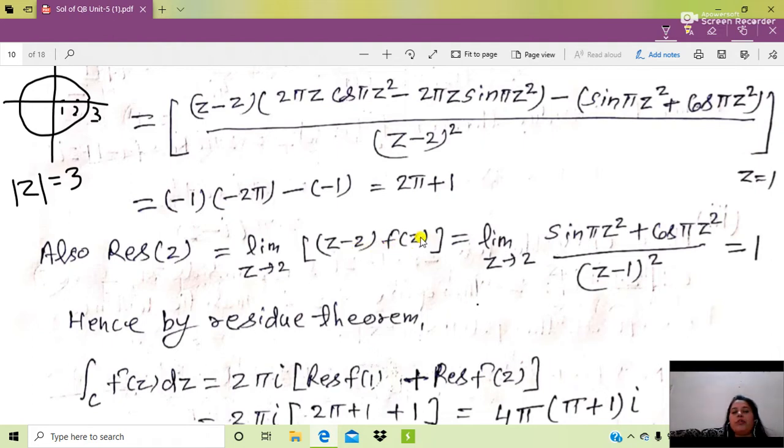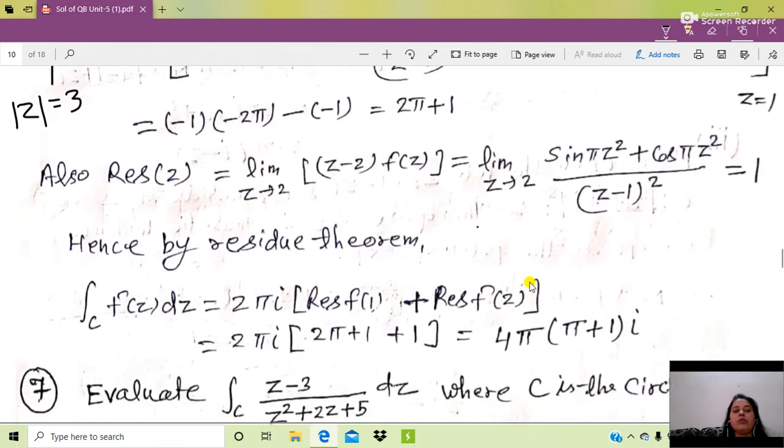If we put the value of f(z) as (sin πz² + cos πz²) upon (z − 2)(z − 1) whole square, the (z − 2) will be cancelled, and it will be the limit as z tends to 2 of (sin πz² + cos πz²) upon (z − 1) whole square. Putting z = 2, the residue of f at 2 will finally be 1.